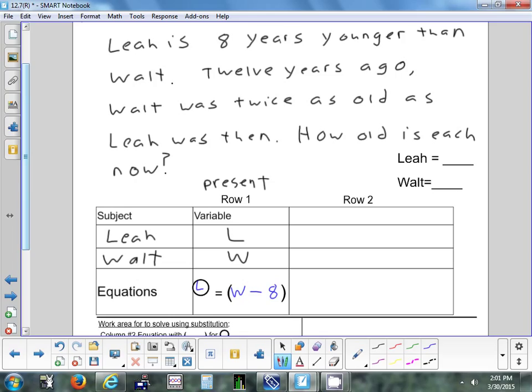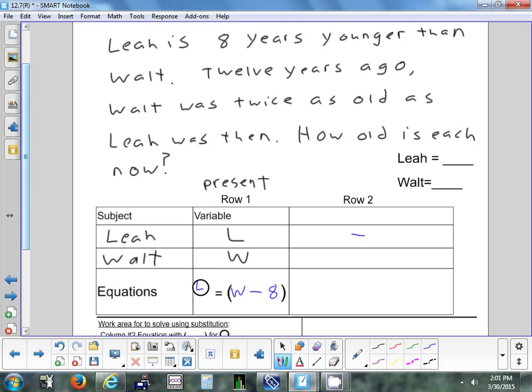Okay, now row 2. This is going to be the one that's either about past or future. Okay. 12 years ago. Are we talking about past or future? That's the past. Okay. So what operation, when you think past, do we use? 12 years ago. Negative, minus, yep.